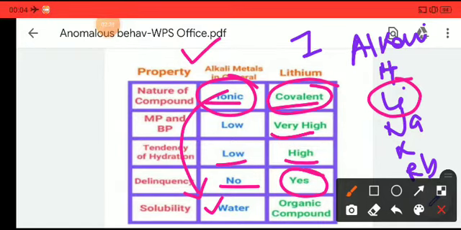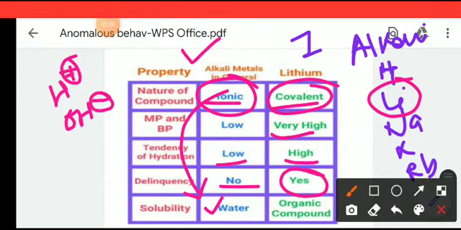Water is ionic, that is H plus and OH minus, or we can also call it polar. So it is best for any polar or ionic compound to get dissolved in water. But as lithium is covalent, it cannot dissolve in water; it only dissolves in organic compounds. So here are certain characteristics that don't go with the characteristics of alkali metals.